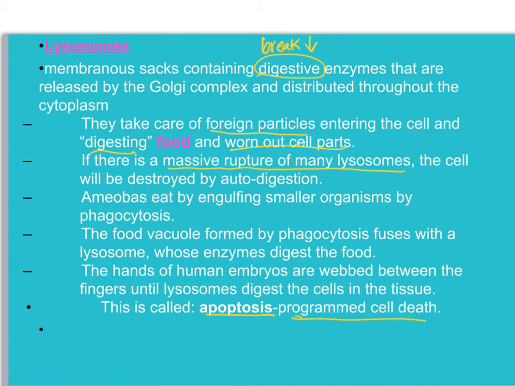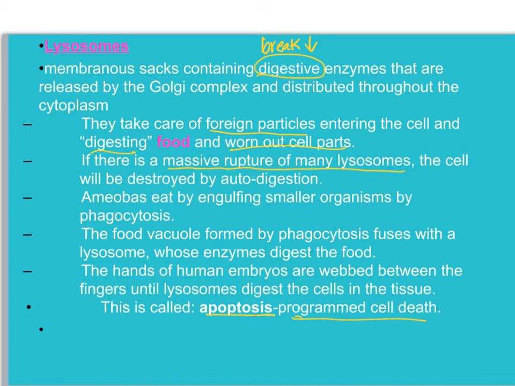The reason why this happens is because most of your cells are designed to only live a certain amount of time, with the exception of those cells that are amitotic and do not divide. Nerve cells are going to be amitotic, for example. Those are going to live, hopefully, your whole life. And heart muscle cells, you would hope that they would live your whole life. But things like skin cells or red blood cells or white blood cells should only last a certain amount of time.